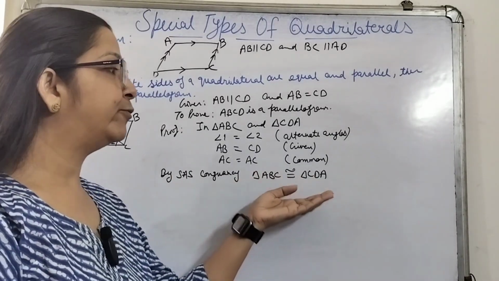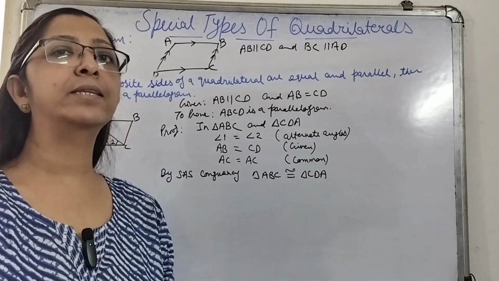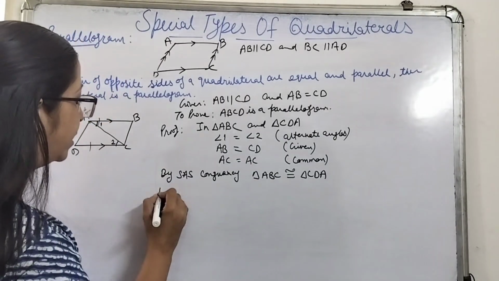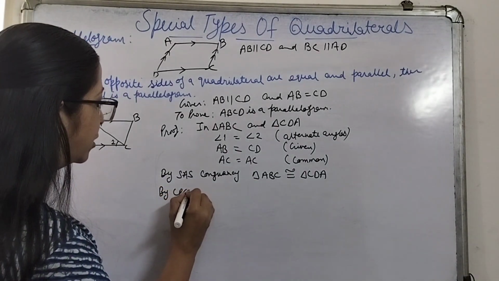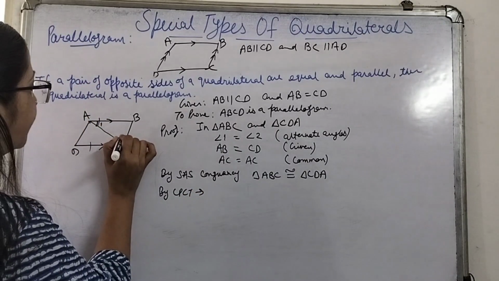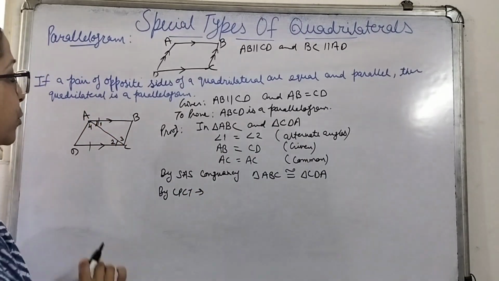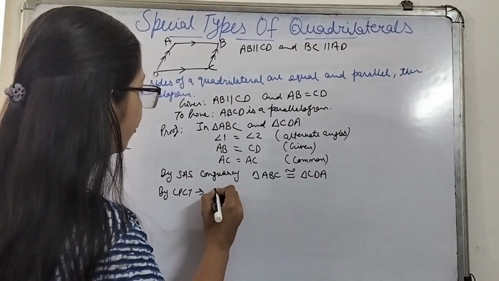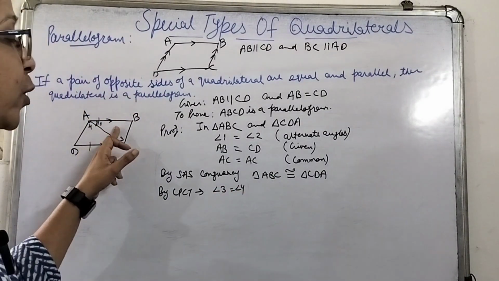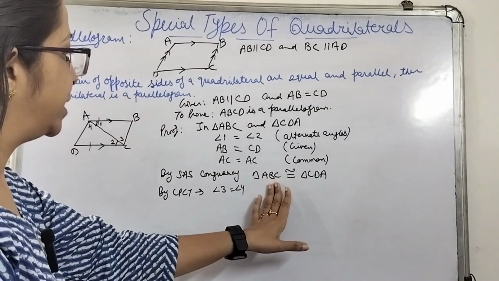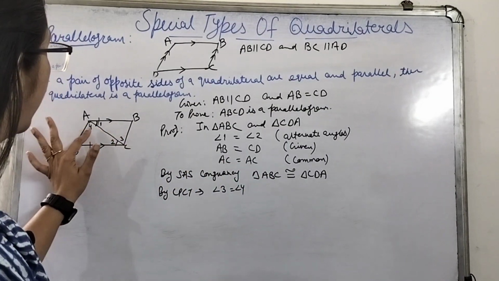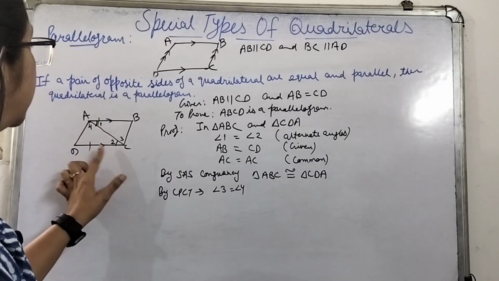And we know that if two triangles are congruent, then their corresponding parts are equal. So by CPCT we can conclude that if this is angle 3 and this is angle 4, suppose, angle 3 will be equivalent to angle 4 because they are corresponding angles. For triangle ABC we consider angle 3, and it corresponds to angle 4 of triangle CDA. Just now we have proved that triangle ABC is congruent to triangle CDA, so by CPCT corresponding sides and corresponding angles will be equal.